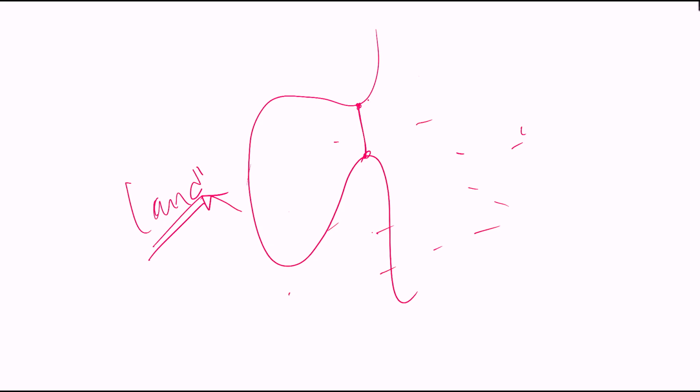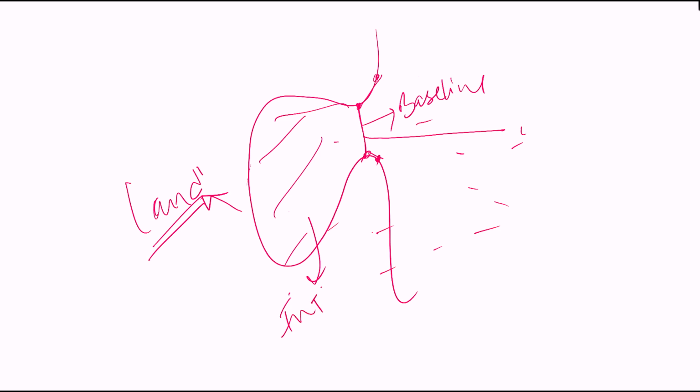Let us say this is the entrance point, and if a line is drawn here and is considered to be a bay, the repercussion would be that this particular point and this particular point can be joined, and this will then be called the baseline. So, if territorial water is then measured from here, all of which will be considered to be internal water.